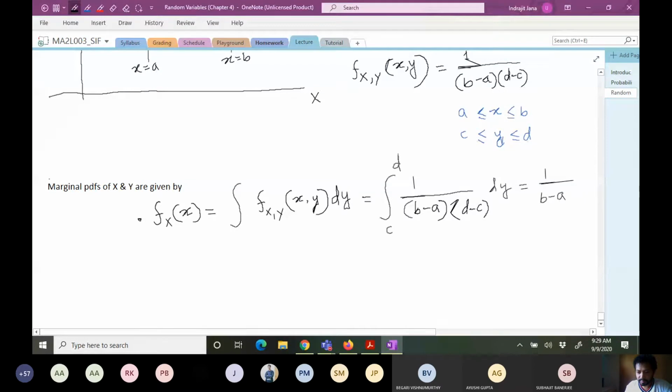Okay, and this is valid for x in a to b.